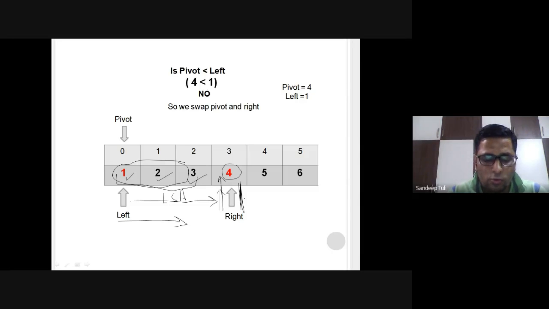We will use two conditions in our while loop for comparing the elements. One condition is either I am getting the smaller or the greater element, and the second one is either I have reached up to the position, left is equal to position or right is equal to position.